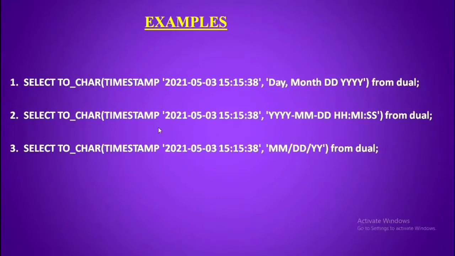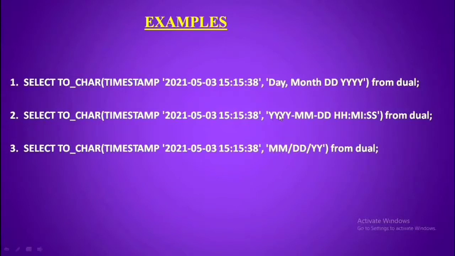Next command is select to_char of timestamp. The date is declared and the time is declared, from the table dual. In this command only this part is displayed: month, date, year, because the string is month, date, year. Only this string data is displayed.